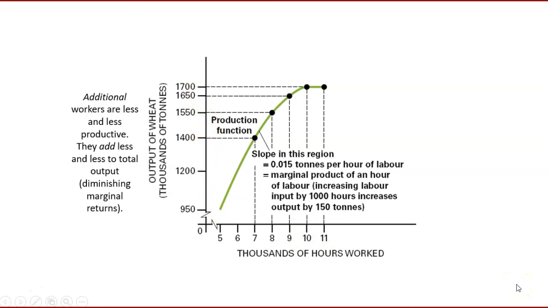And we can see, by virtue of the changing slope of this production function, that while it's increasing at a decreasing rate. It goes up by smaller and smaller increments of output. So each additional 1,000 hours of work causes total production to go up by smaller and smaller amounts.